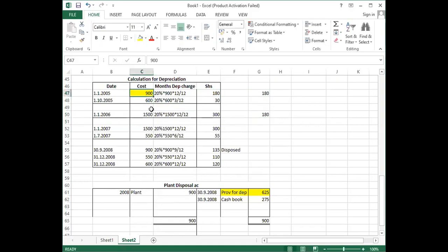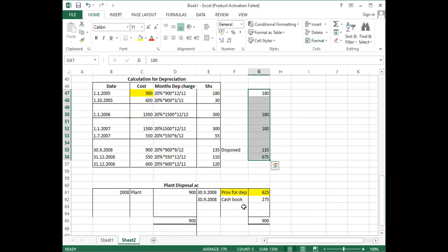For this specific machine, we give it 180. Then here, still another 180, right? And then we have another figure here wherein it was disposed, a depreciation of 135. True or false? Can we trace that machine that way?